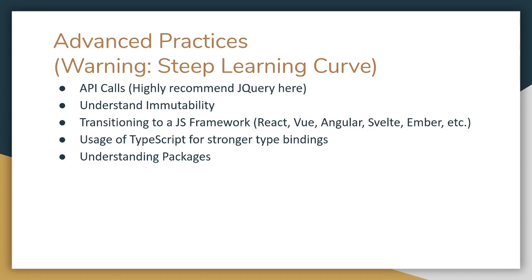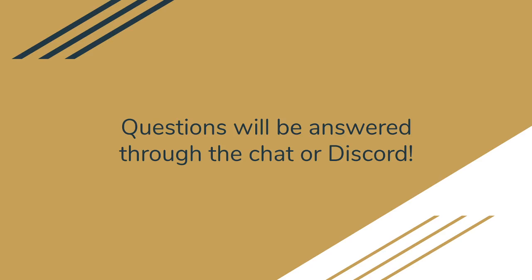But if you have more questions regarding what type of property I should use here, feel free to reach out, because getting started is always the most difficult thing. And like I just mentioned, questions will be answered through the chat or Discord. Just let me know, and I'll do my best to answer your questions.